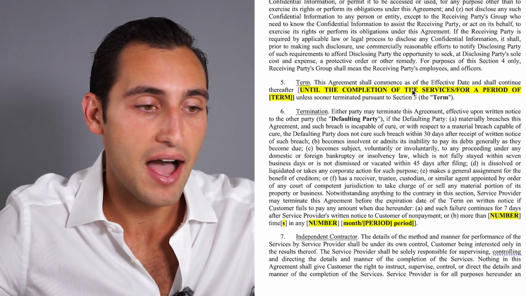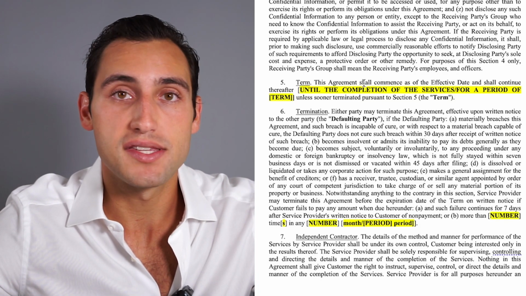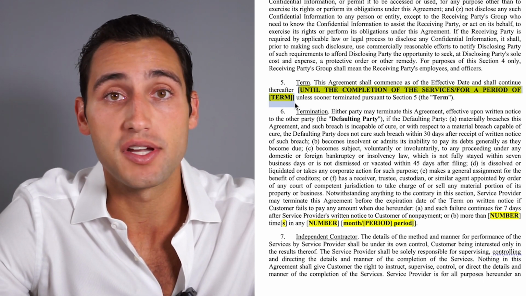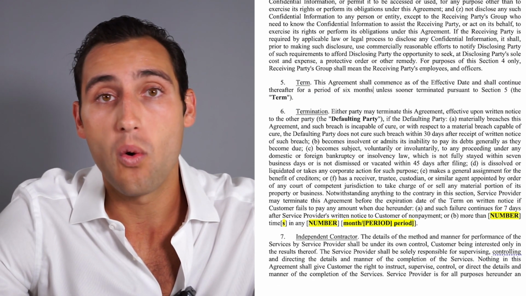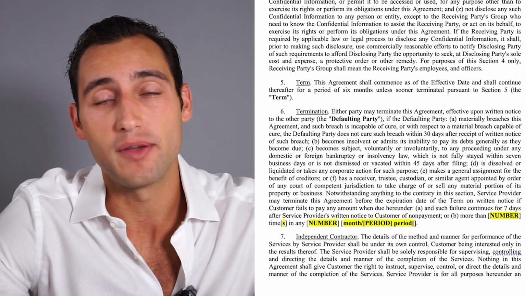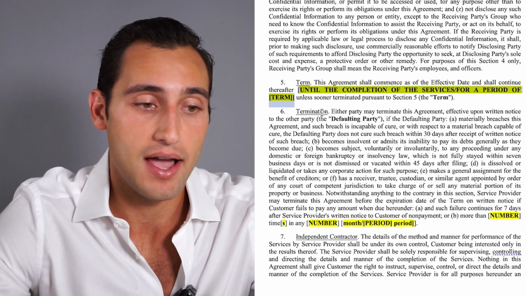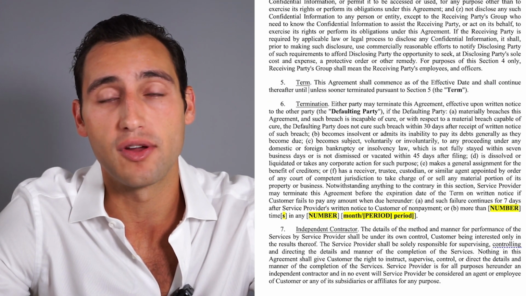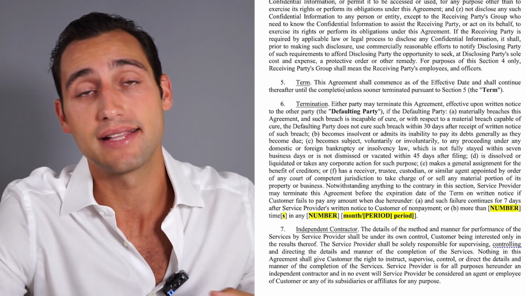So now Section 5 contemplates that you as the service provider can choose to either keep the engagement open until the completion of the services, or you may desire that the agreement terminate at a fixed time. So we've left that option open here in the agreement as indicated by the bolded and highlighted text.